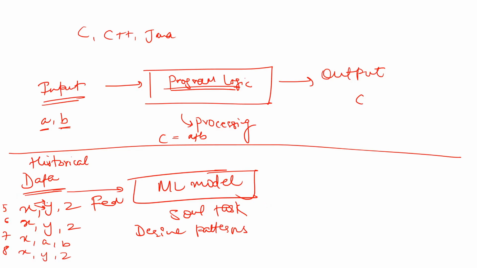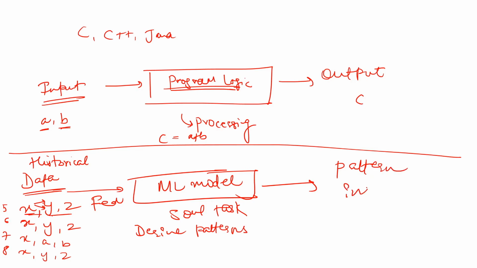As human beings, the pattern we are able to visualize is that whenever product X is bought, products Y and Z are also bought along. The task of the ML model is the same: to derive such patterns in the data. What it will give you as output is pattern insights.